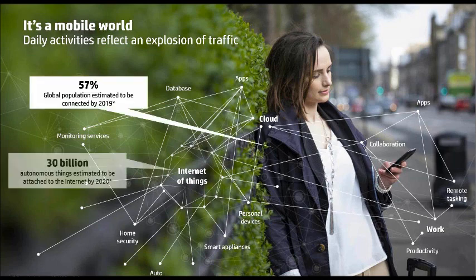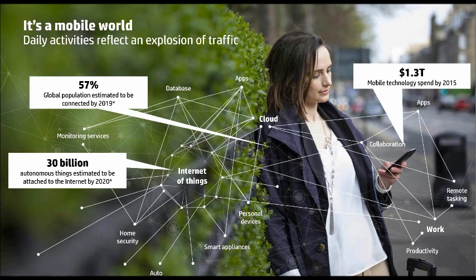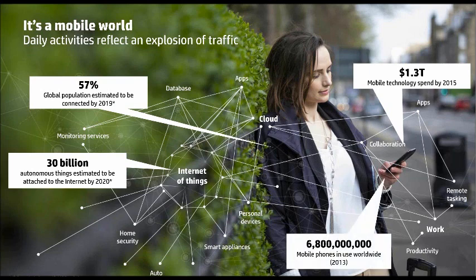And with that, you can see here some of the data points, like 30 billion, an estimated number for attachments in applications within 2020. So around 30 billion things are going to be attached to the internet.